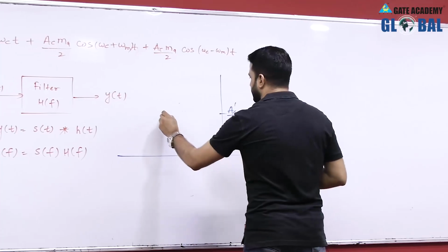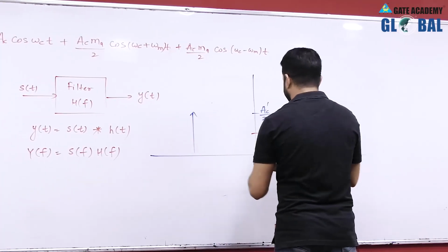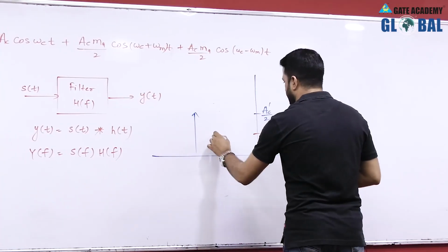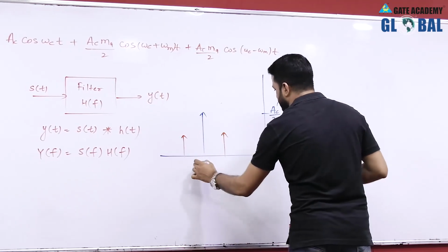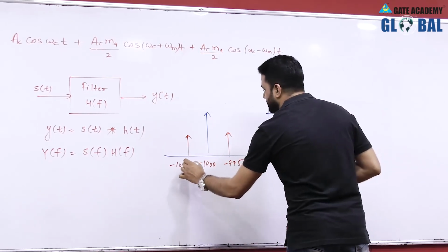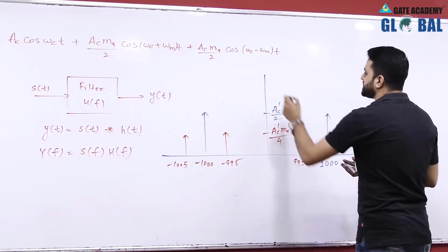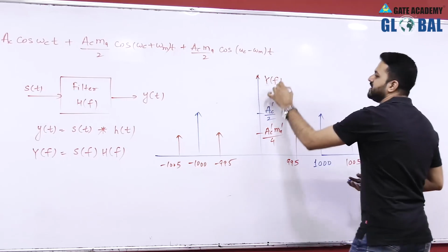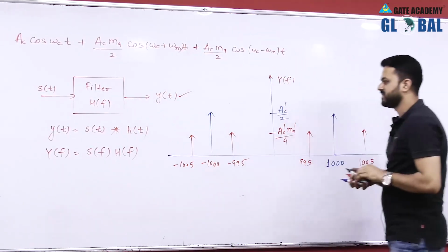Similarly on the other side we get the same spectrum, the mirror image of it, at minus 1000, minus 995 and minus 1005. This is the output spectrum Y of f, the filter output spectrum Y of f.